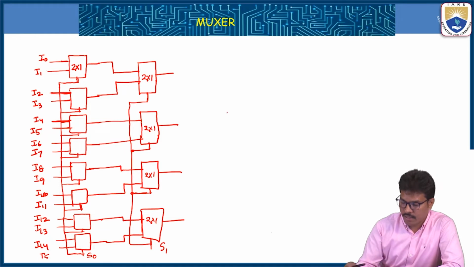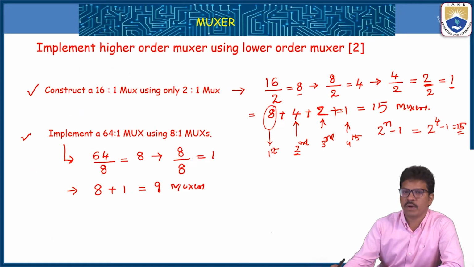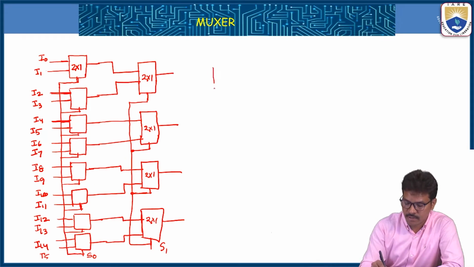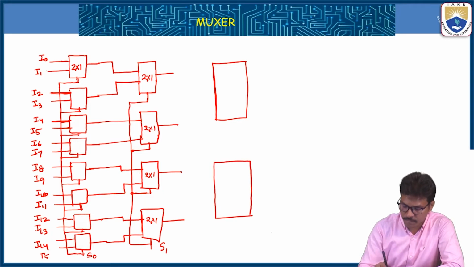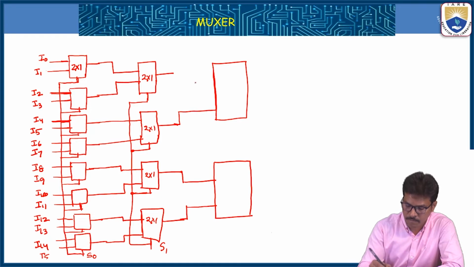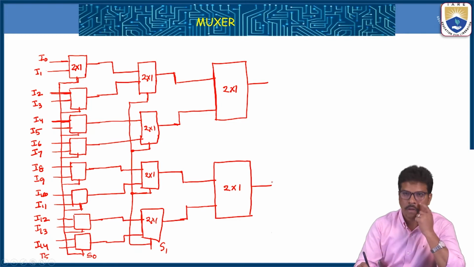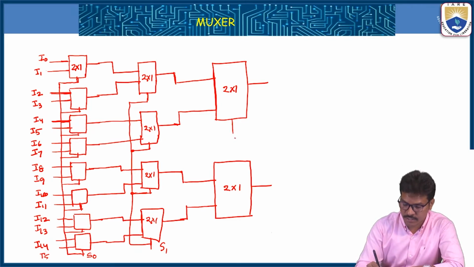Again, the third stage requires only 2 by 1 multiplexers. Take these 2 by 1 multiplexers, and the select line I am taking as S2, which is connected common for both.